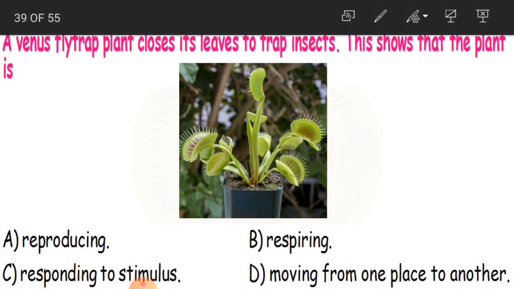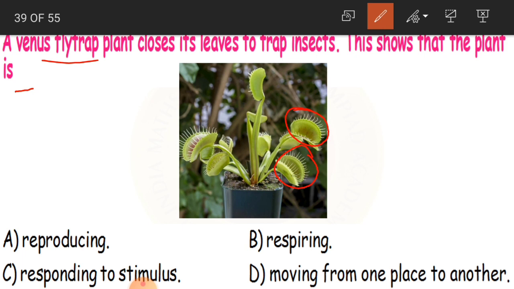And the next question. A Venus flytrap plant closes its leaves to trap insects. This shows that the plant is, see here you can see a Venus flytrap plant, children, which closes its leaves after trapping the insect.